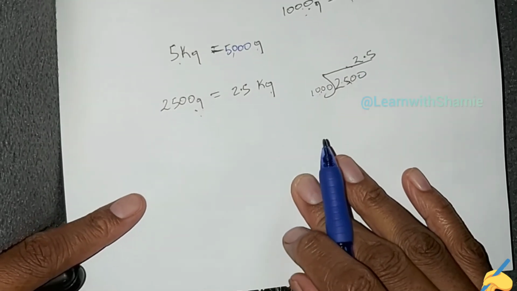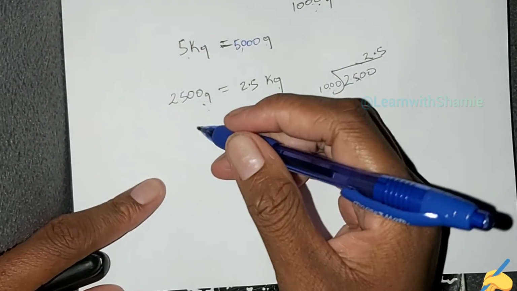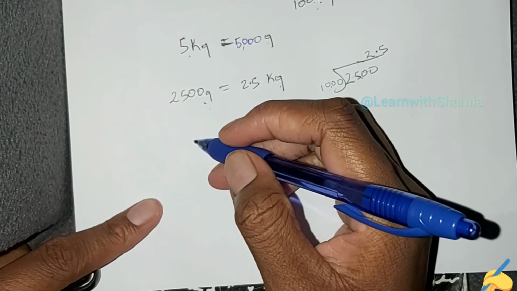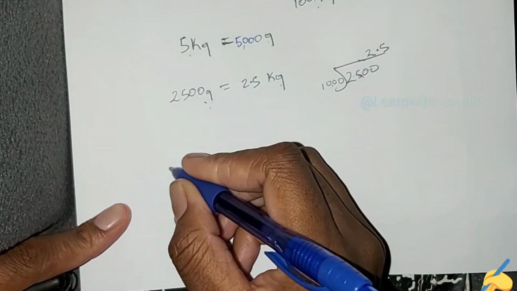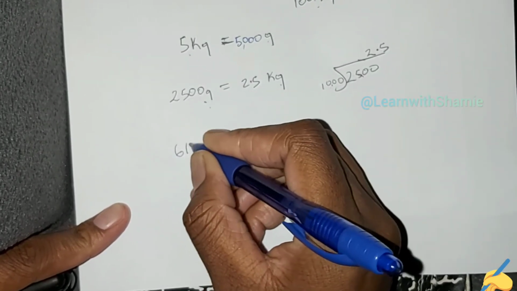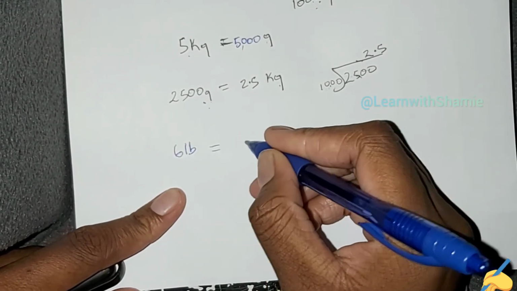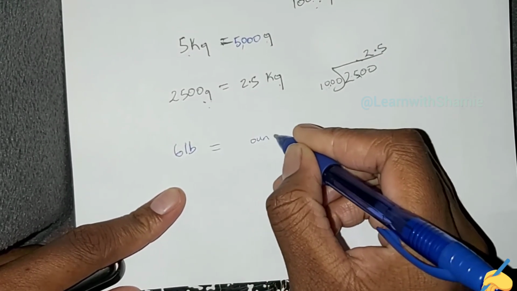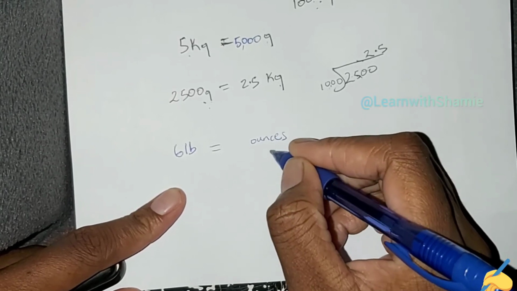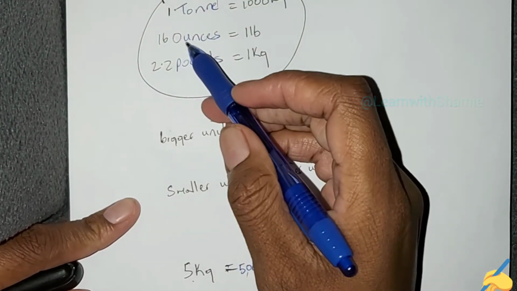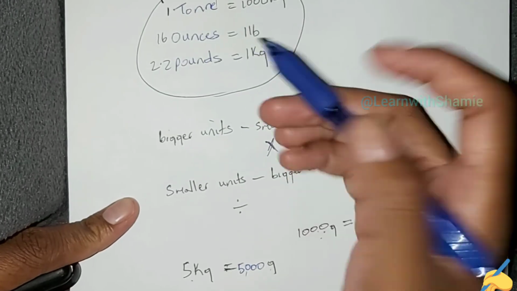Converting from ounces to pounds, I'm going to give you a few examples of that. If we should have 6 pounds to be converted to ounces, we already see that 16 ounces is equal to 1 pound.